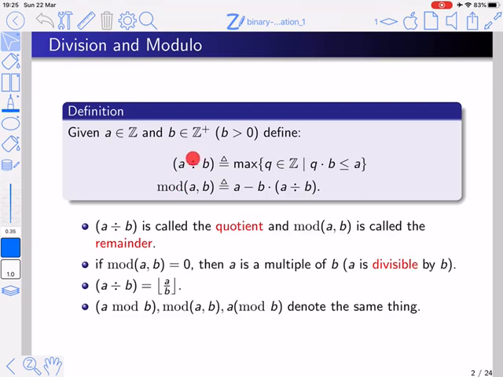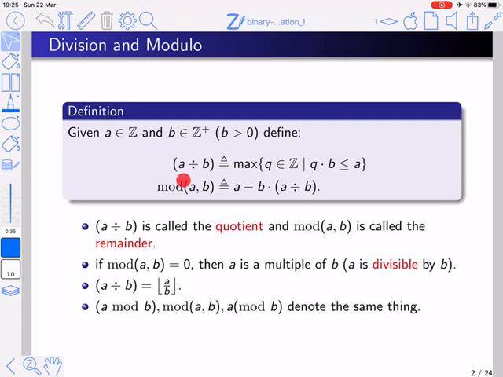What is division? Well, when I want to divide a by b, the quotient is the maximum number q, where q is, of course, an integer, such that q times b is less than or equal to a.